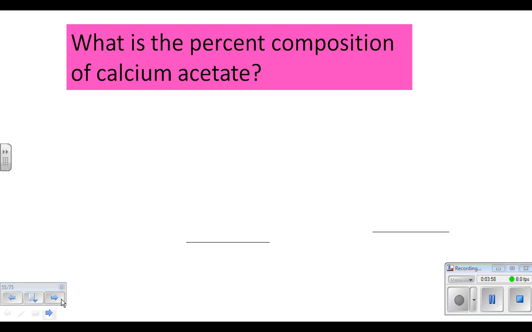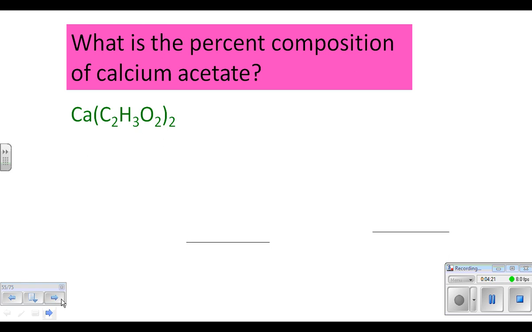What is the percent composition of calcium acetate? Well, key thing about this is calcium acetate is Ca, open parentheses, C2H3O2, close parentheses 2. So the first thing we have to do is figure out how many atoms I have of each of my elements. So for calcium, I have 1.